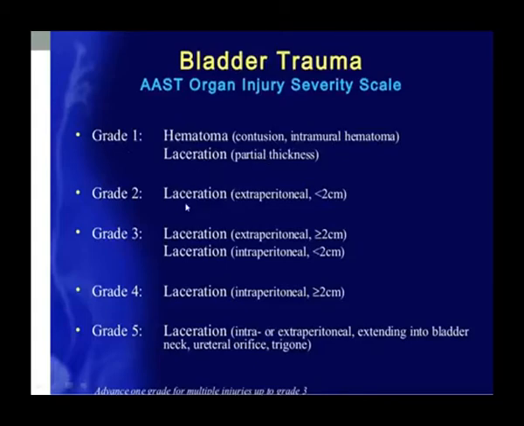Grade 2 is extraperitoneal laceration, and grade 3 is both extraperitoneal 2 centimeter and intraperitoneal less than 2 centimeter. Grade 4 is complete laceration which is more than 2 centimeter, and grade 5 is laceration entering into the bladder neck and ureteric orifice or trigone. This is the most severe form of bladder injury.